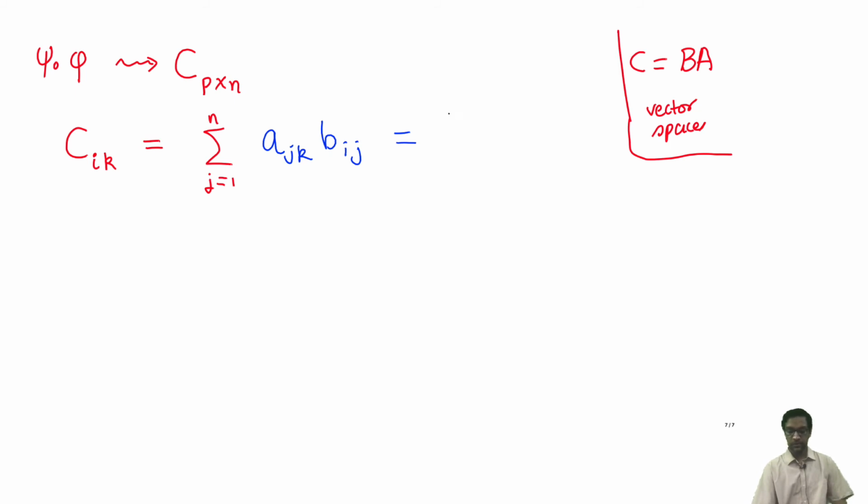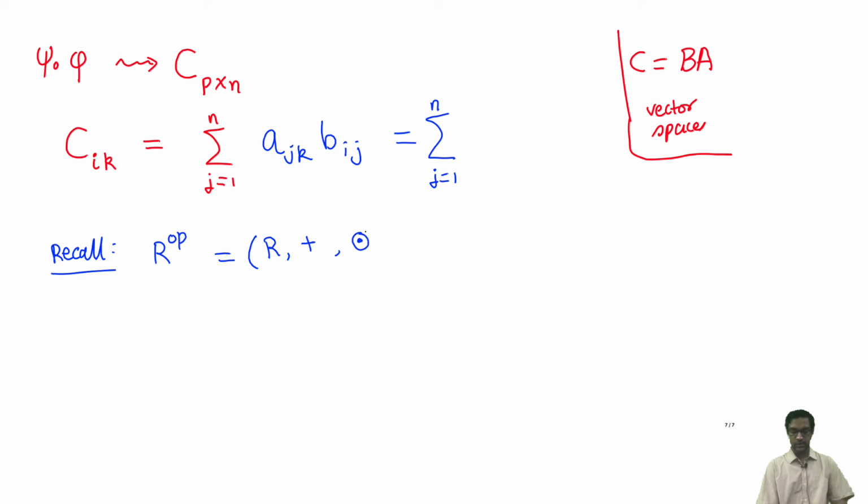But what we do is something rather interesting here. Recall that we talked about something called the opposite ring of a ring R, R op. What is this? It's the same set R with the same addition, but the multiplication alone is different. If I have to multiply two elements a and b, I just take the usual multiplication in the ring but in the opposite order.